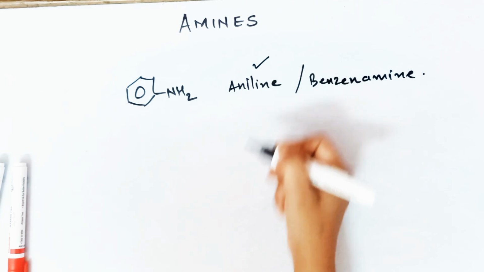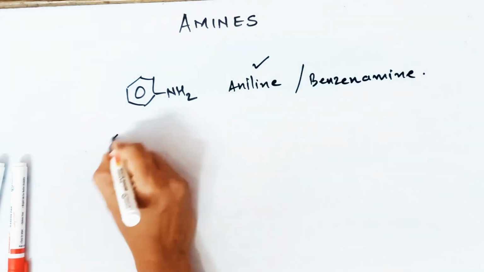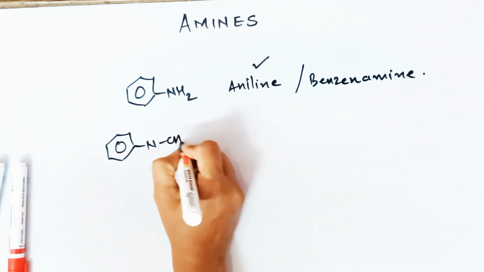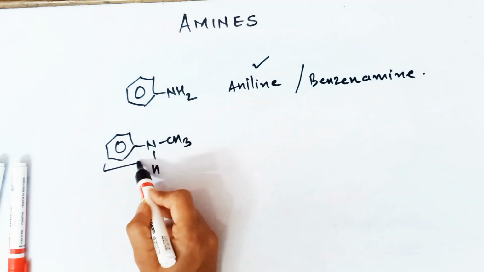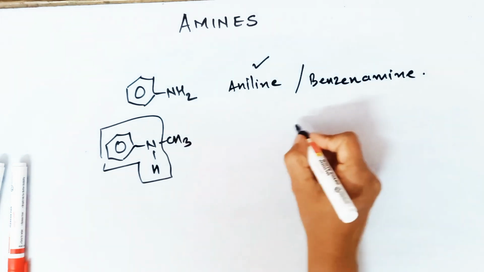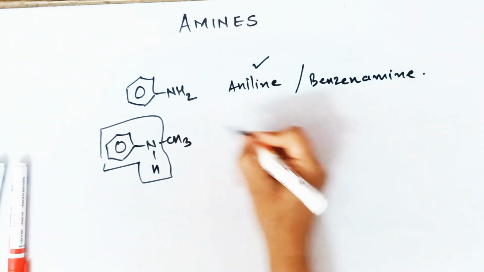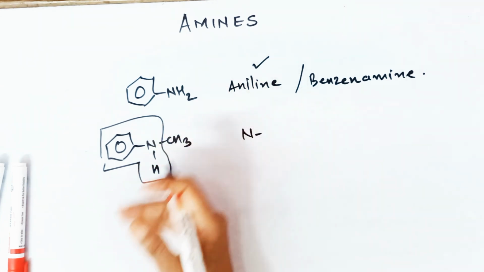Generally, we are going to use aniline in most of our discussions. Then we can take some derivatives of aniline, like NHCH3. Of course, this is going to be my parent compound, right? So we'll be calling it N-methyl. Let's take the IUPAC name. These common names are not important. So we'll just take the IUPAC name, okay?